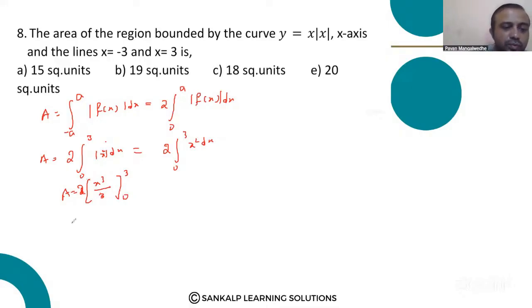So now 2 into 3 cube by 3, where x is replaced by 3. 3 cube is 27 by 3 minus the lower limit, which becomes 0. Upper limit minus lower limit: 3 nines are 27 by 3, which is 9. So 9 into 2 is 18. So the final answer is 18 square units.